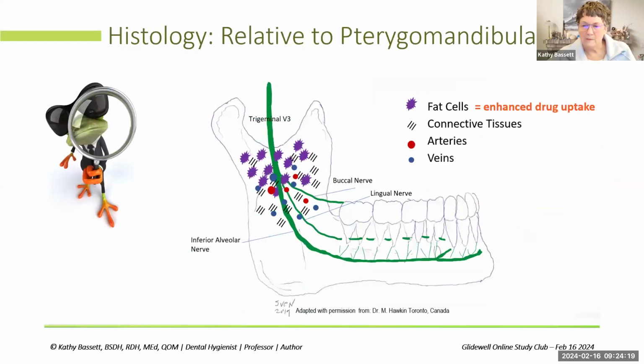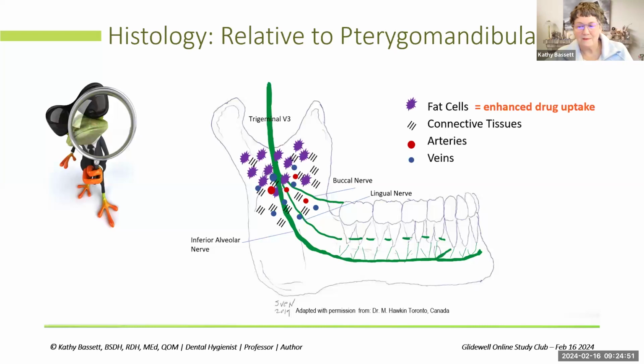So leaving the little bit of pharmacology, I want to touch into some histology here. And now let's look at the pterygomandibular space. All of our conversation today is contained in that small region of the pterygomandibular space. And the distribution of adipose tissues, the fat cells, is much denser at the height of the condyle. That concentration decreases as we move down towards the mandibular foramen.